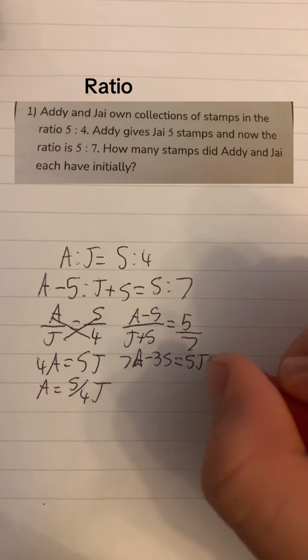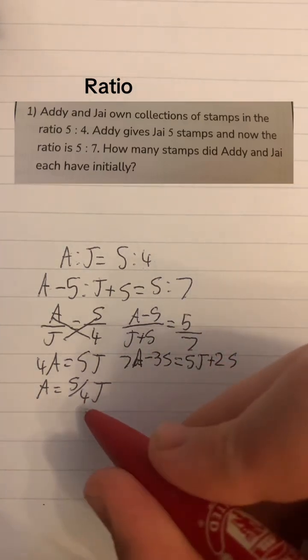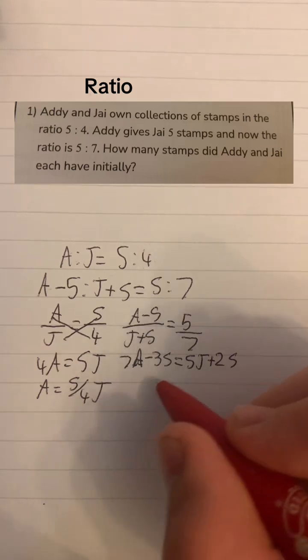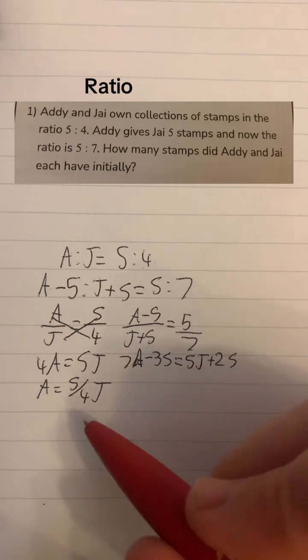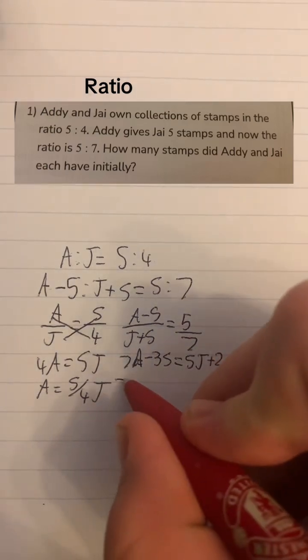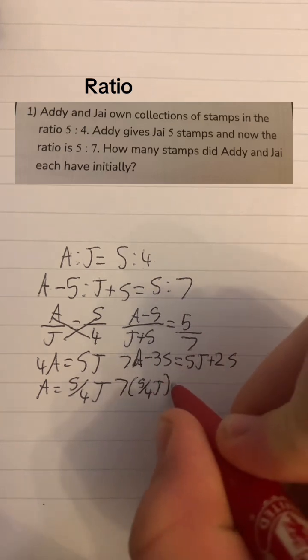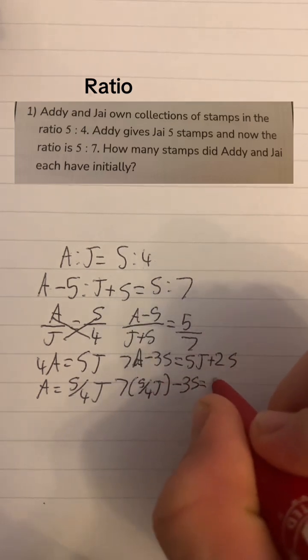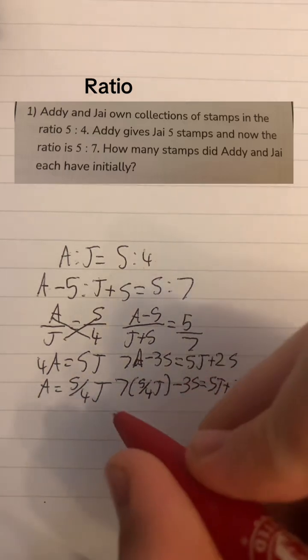And since A equals 5 over 4J, and this has two different terms in it, we can't solve it, so we have to substitute this in. So 7 times 5 over 4J minus 35 equals 5J add 25.